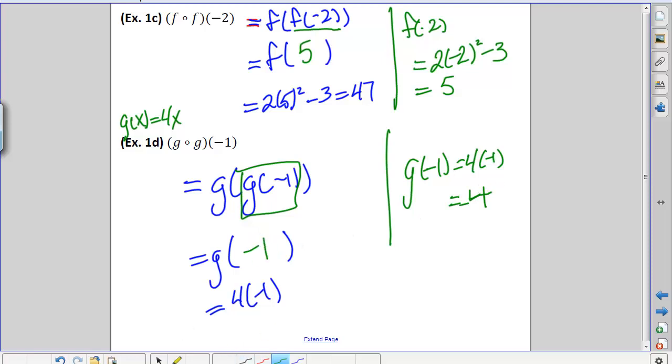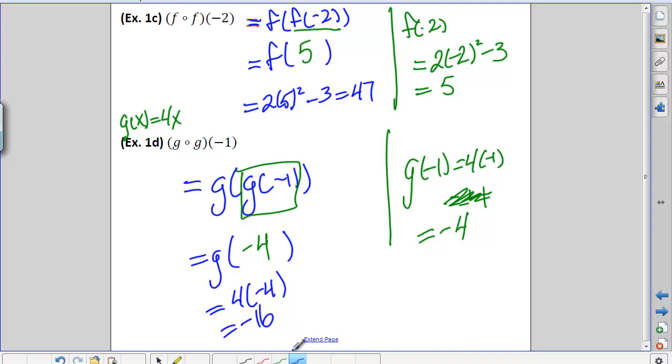That would probably be a better answer there. And then that makes this g of negative 4 here. And that's going to be negative 16. Okay.